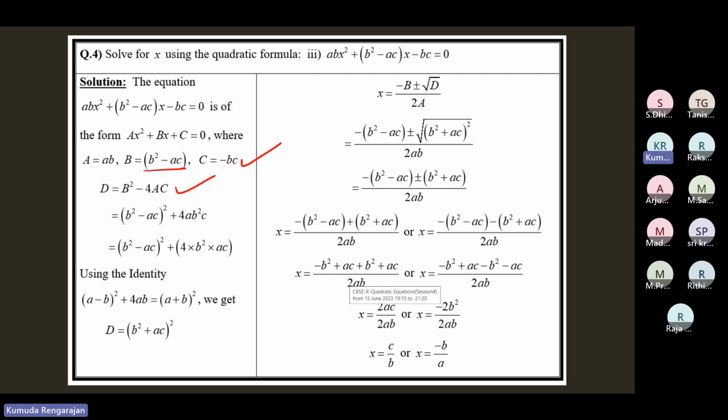Okay. Next, we need to find D, which is given by B square minus 4AC. So B square minus 4 into A into C. When you do that, it will be minus 4 into ab into minus bc. So minus into minus is plus, 4ab square c.